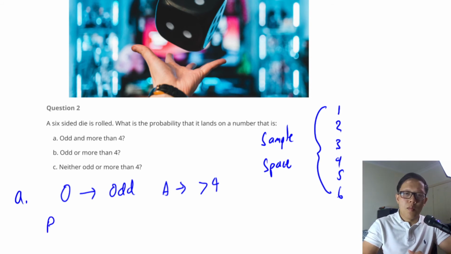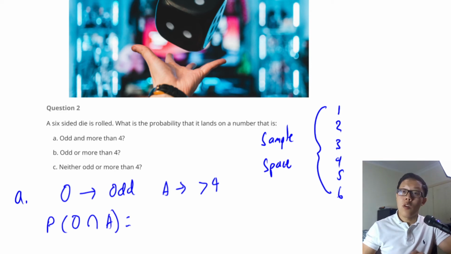So what is the probability of it landing on an odd number that is also greater than 4? Well, if we look at our sample space here, there's only one number that fits those conditions. 5 is odd and more than 4. So number of desired outcomes, 1, over total number of outcomes, 6. So part A, it's 1 on 6.